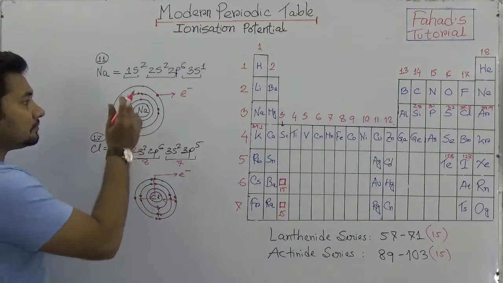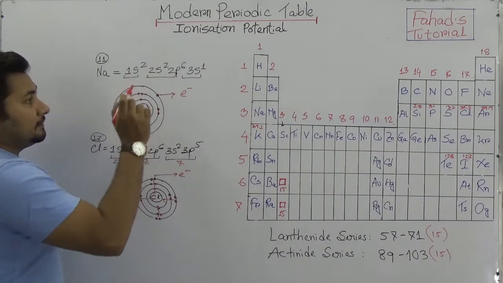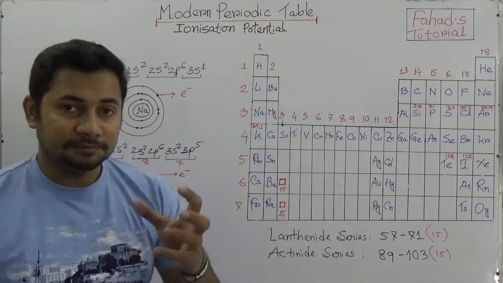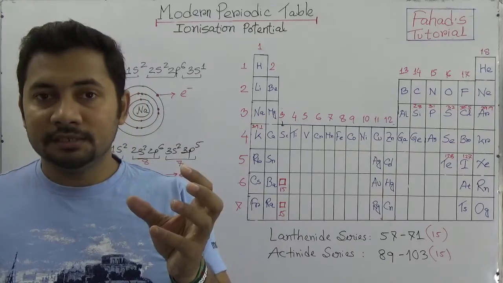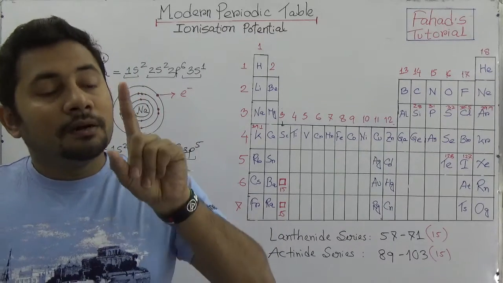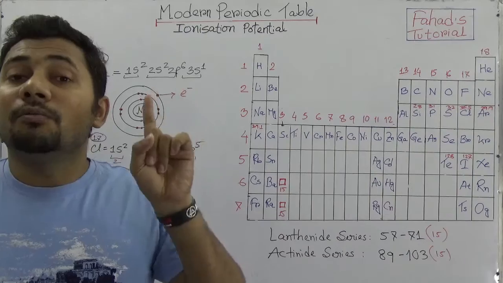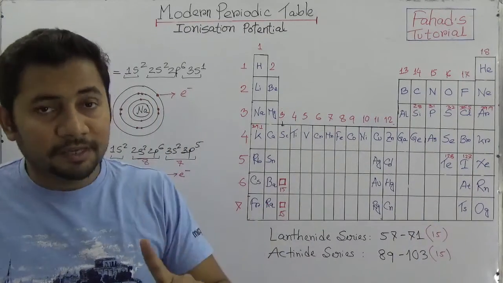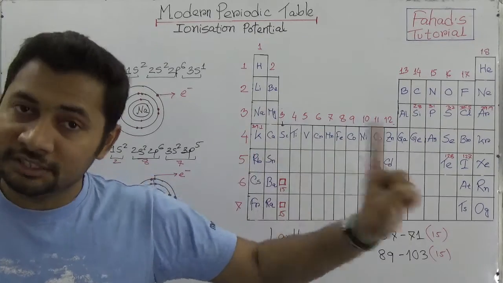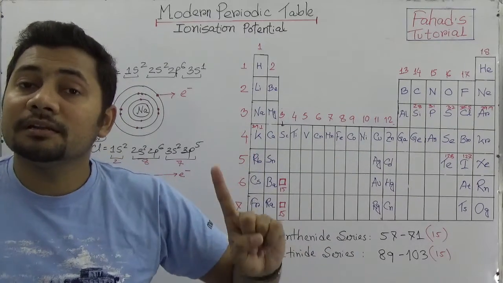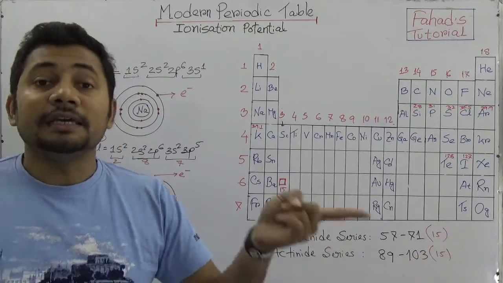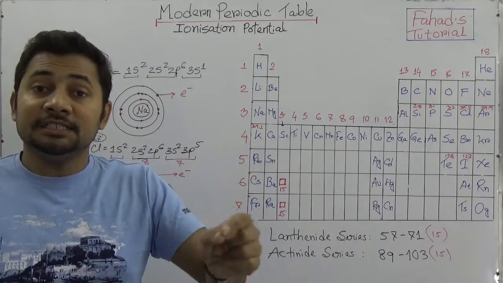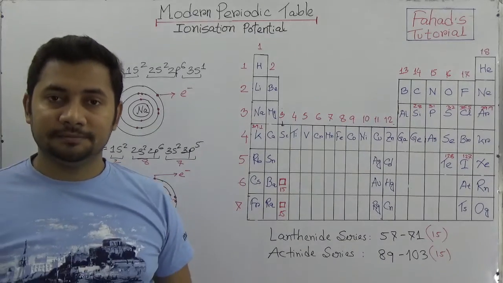That means the definition is: the energy required to transform 1 mole of positive ion, removing 1 mole of electrons from 1 mole of atoms in its gaseous state, is called the ionization energy of that element.